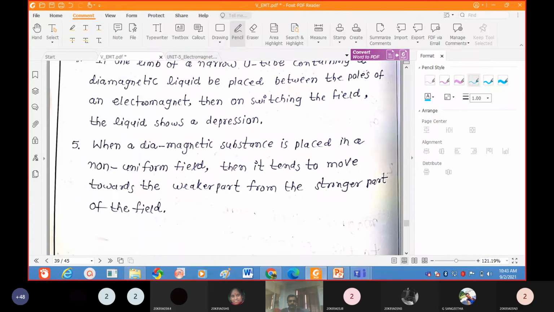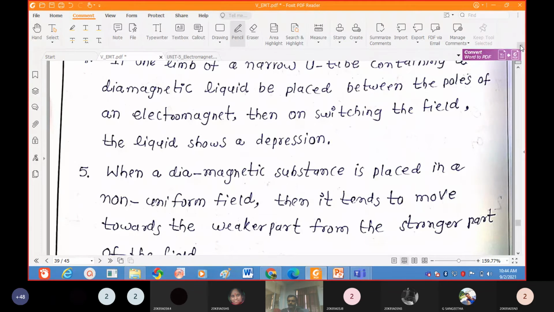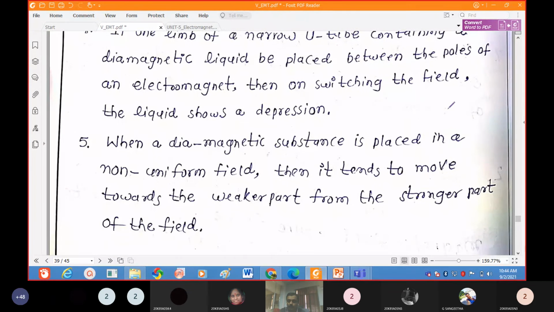A diamagnetic substance is placed in a non-uniform field. Non-uniform field means on one side we apply a very high magnetic field, and on the other side we apply a low magnetic field.